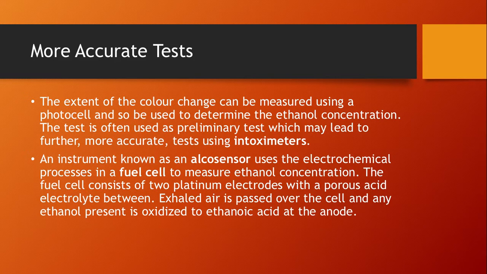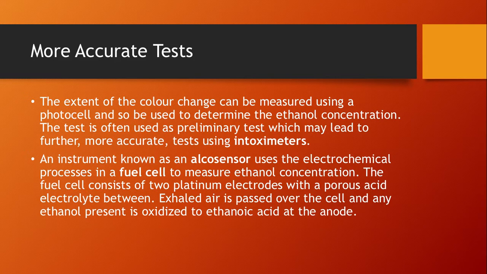An instrument known as an alkosensor uses the electrochemical processes in a fuel cell to measure ethanol concentration. The fuel cell contains 2 platinum electrodes with a porous acid electrolyte between. Exhaled air is passed over the cell, and any ethanol present is oxidized to ethanoic acid at the anode.